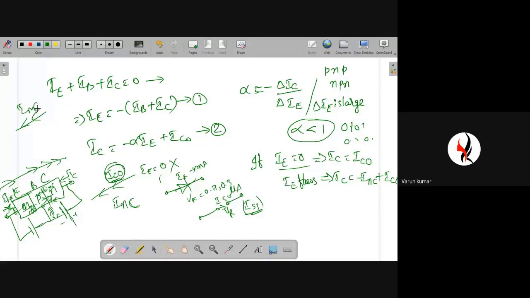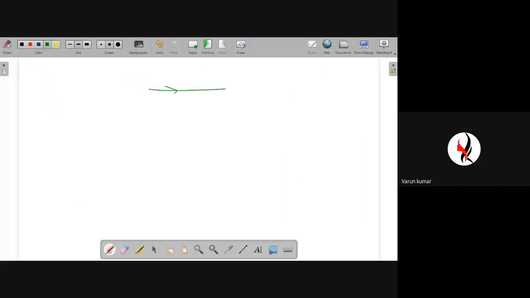Whenever the current is INC, that indicates the negative carriers of the n-type semiconductor in the collector. The collector is made of n-type semiconductor, so I will represent it with INC. If it is made of p-type semiconductor, I will represent it with IPC.